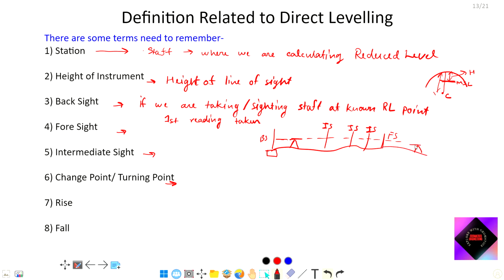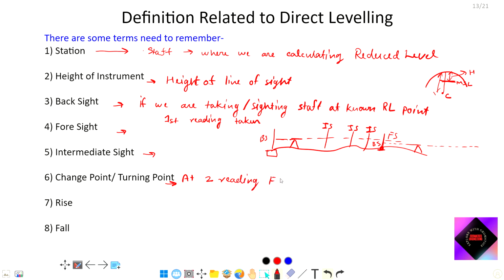If we change the position of the instrument, then this station point will be called our changing point. After this we have changed the position of the instrument, and now a new height of instrument will be found by taking a backsight over the previous station. So at the changing point, two readings are taken.